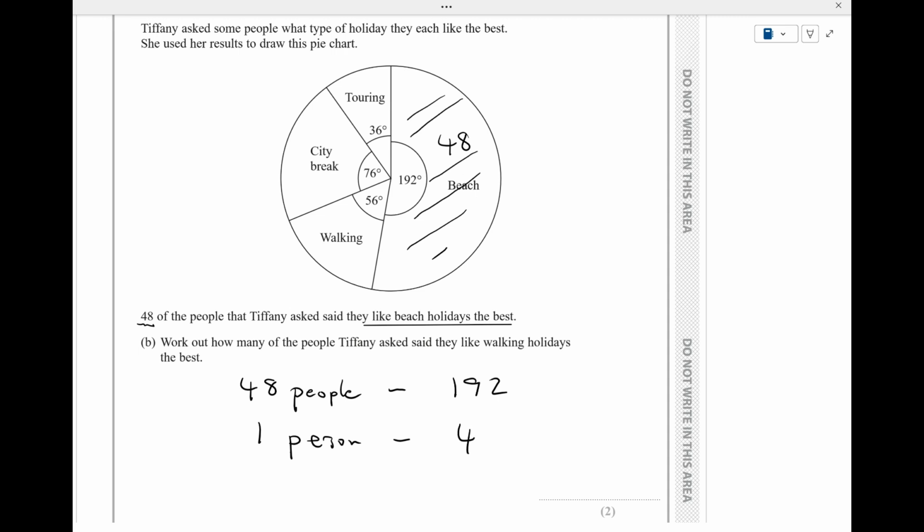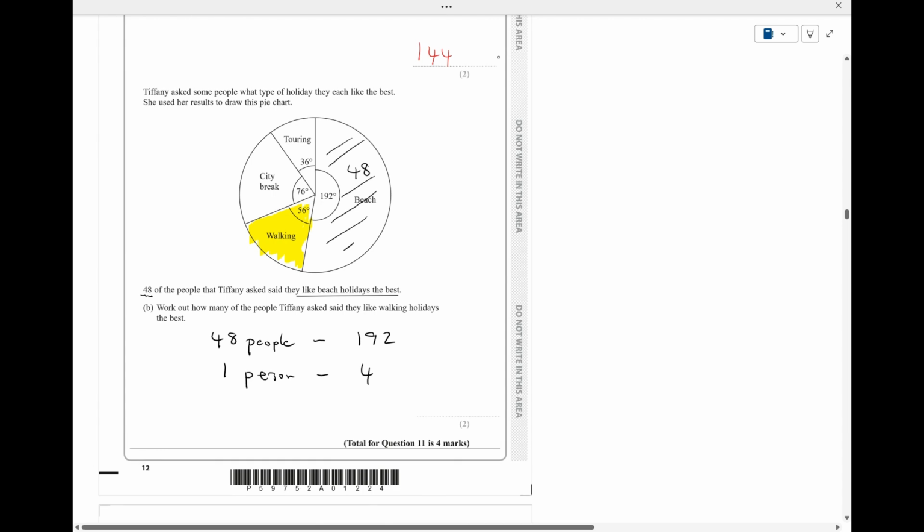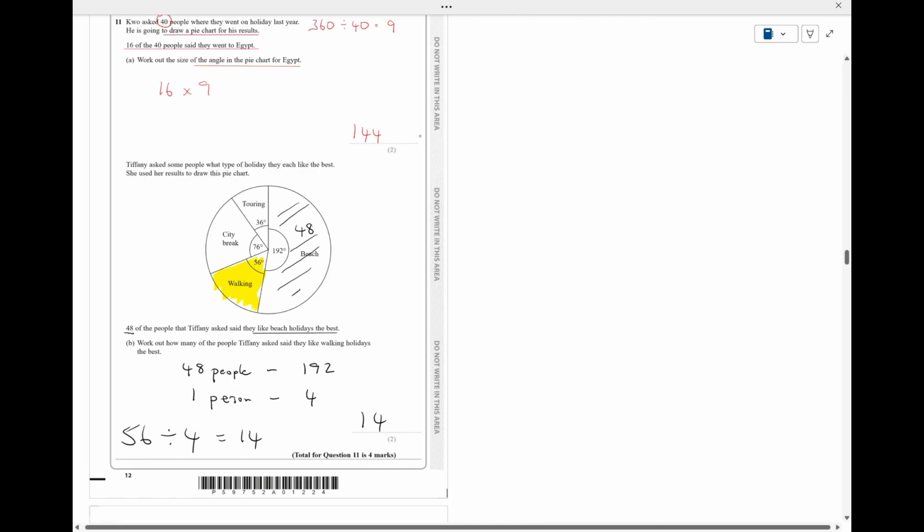And it wants to know how many people prefer walking. So that's 56 degrees, isn't it? So if I do 56 divided by 4, then I can work out that 14 people must like walking the best. That's question 11 done.